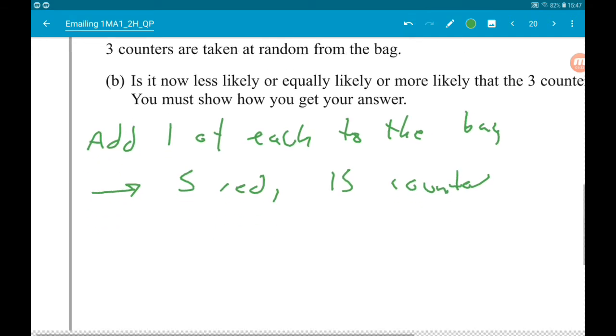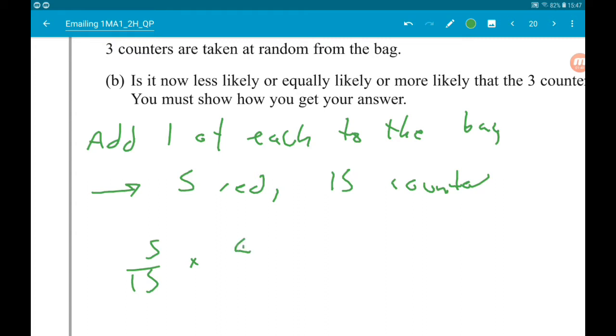So the probability is now 5/15 times 4/14 times 3/13.